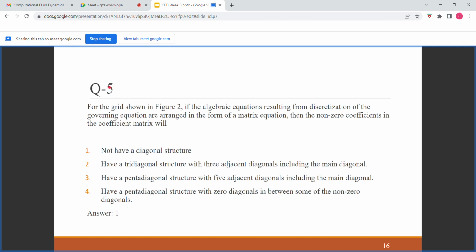Question 5: it is given that for the grid shown in figure 2, the algebraic equations resulting from the discretization of the governing equations are arranged in the form of a matrix equation.